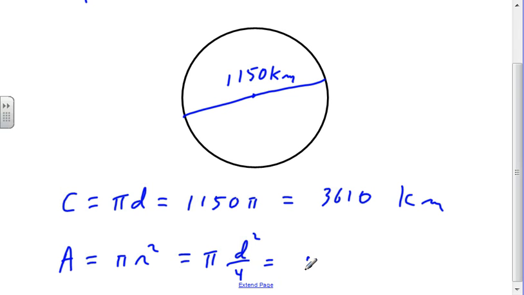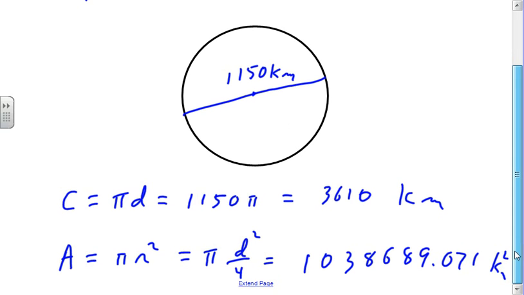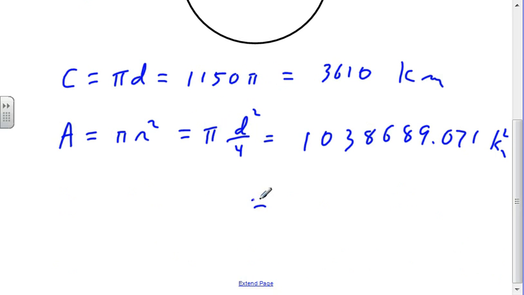I got 1038689.071 kilometers squared. With 3 significant digits, 1,040,000 kilometers squared. I'm thinking that 1150 kilometers might be the radius of the moon, but I'm not sure about that.